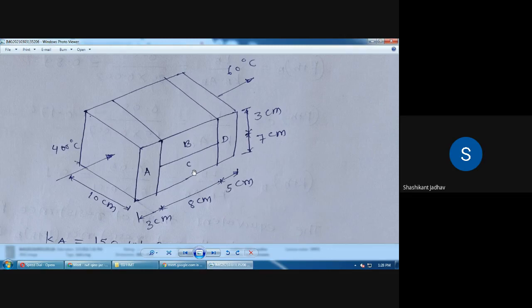Diagram is over. If the diagram is over, then put that message in the chat box so that I will proceed.